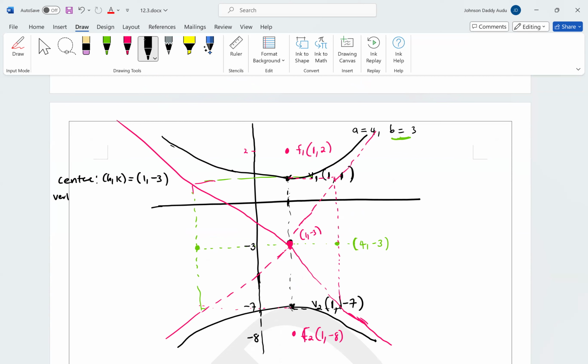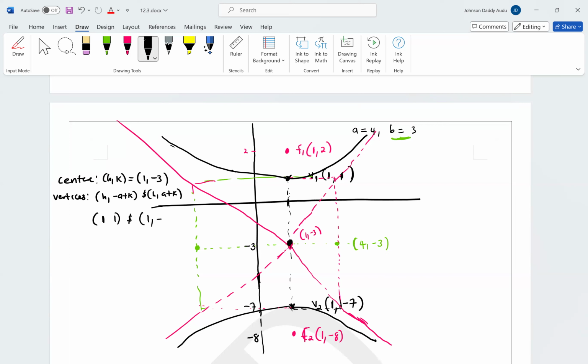Now the vertices by formula: h is fixed, then you have (h, k - a) and (h, k + a). h is already fixed, so you're going to have 1 and 1.